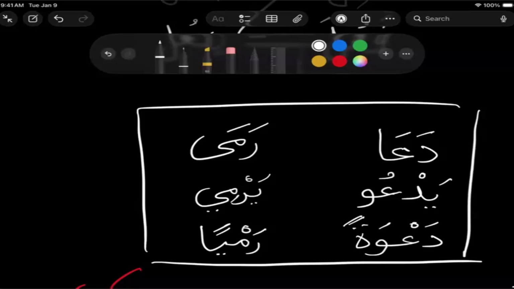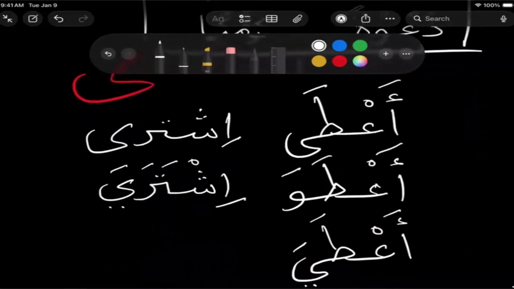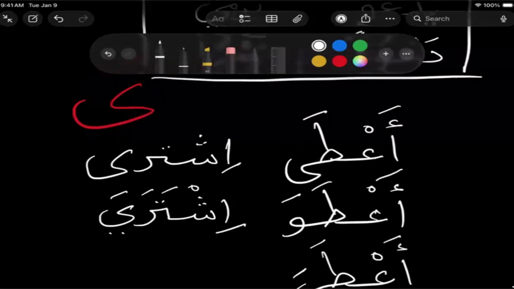If its origin is a ya, it's going to be an alif shaped like a ya. In anything else other than thulathi mujarrad, so mazid fihi or ruba'i, it's always going to be written as the alif shaped like a ya at the end, whether the origin of that alif were a wow or a ya.